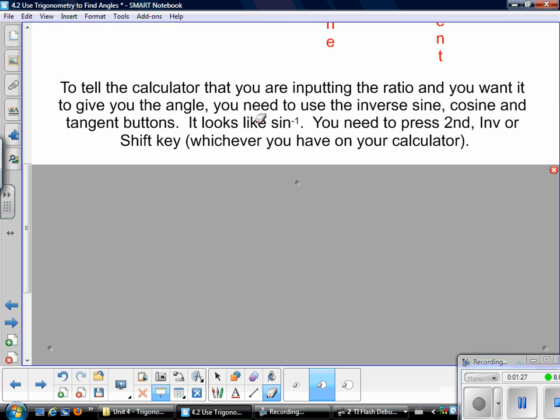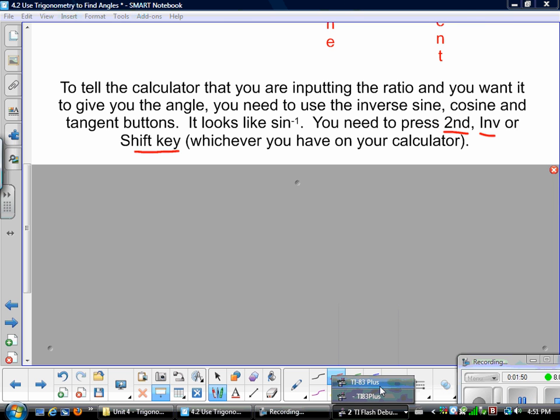It looks like sine with a little -1 in the exponent area, and it's pronounced sine inverse. Depending on the calculator you have, you might have to press second, inverse, or a shift key, whatever you have on your calculator in order to find it.